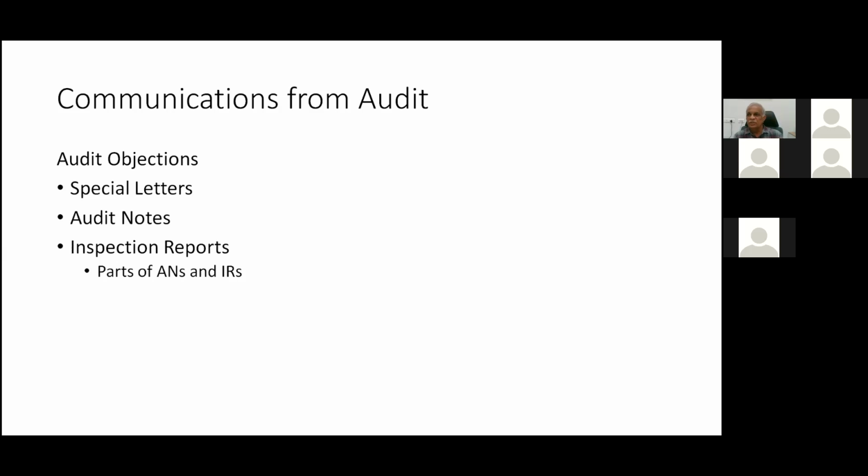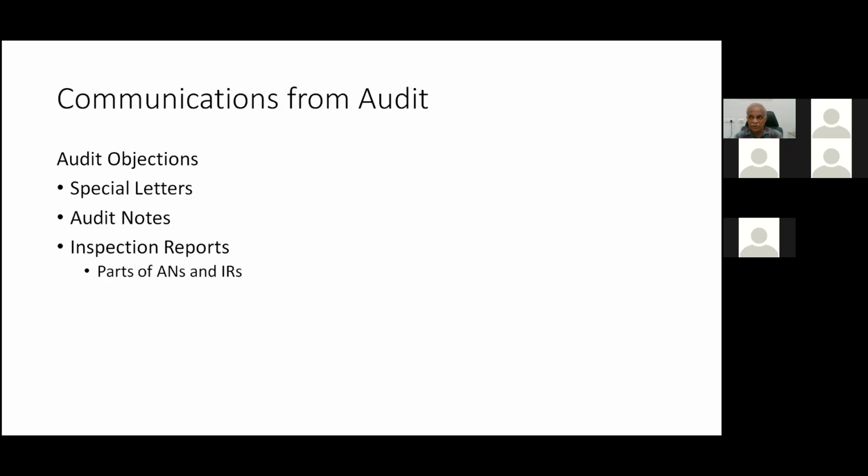Inspection reports are the reports given as a result of the inspections carried out in the executive department. So part 1, major irregularity, and part 2, here also minor irregularity, that means procedural lapses, or some register to be maintained not maintained, वैसा जो भी है वो point out करेगा part 2 में. Part 1, financial irregularities.